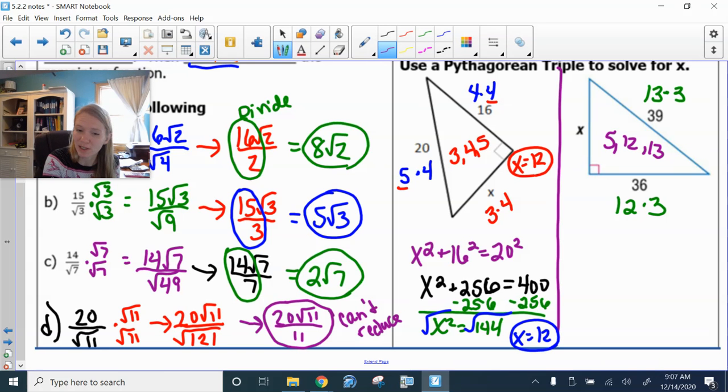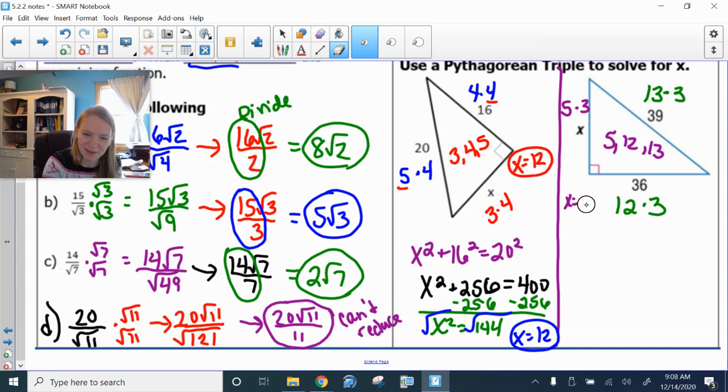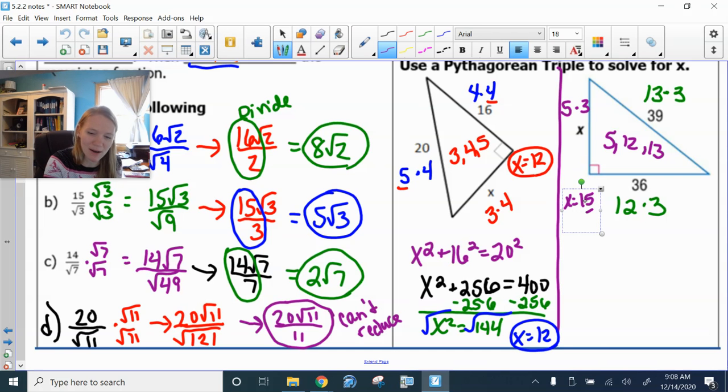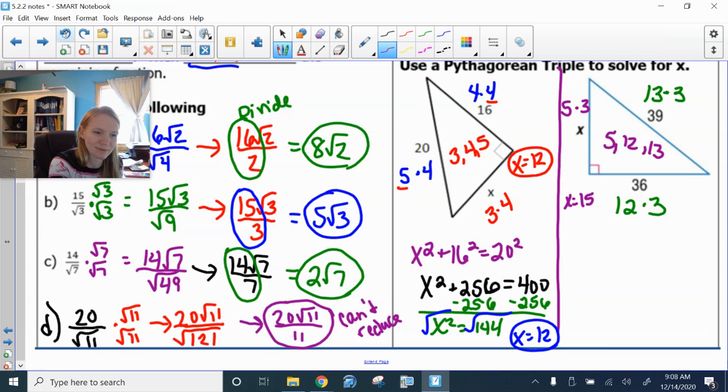So I know that x must be 15 because 5 times 3 makes 15. Oops, I don't know why I wrote 12 there. I meant 15. So is it the only way to do it? Absolutely not. Is it a shortcut? Totally. But if you don't recognize it, you don't have to use it.